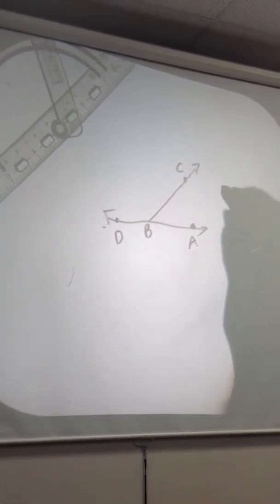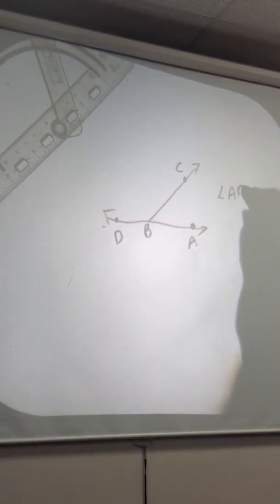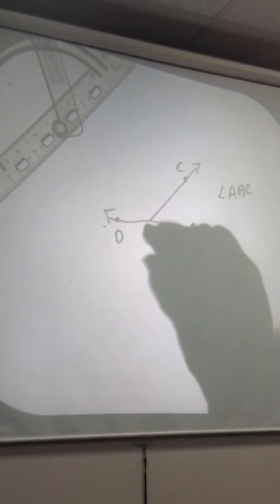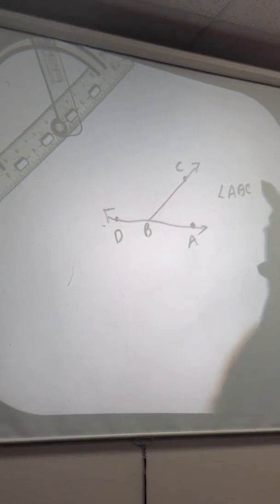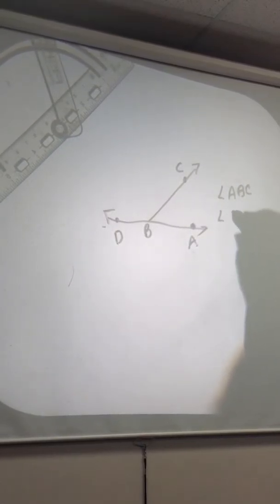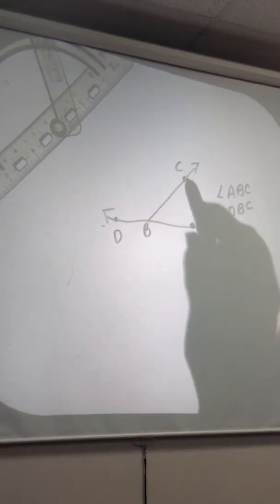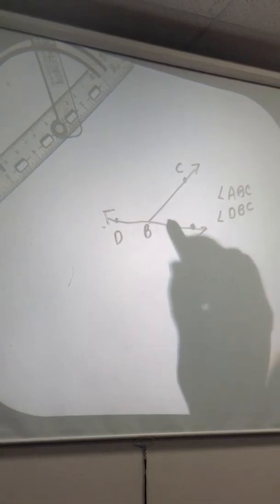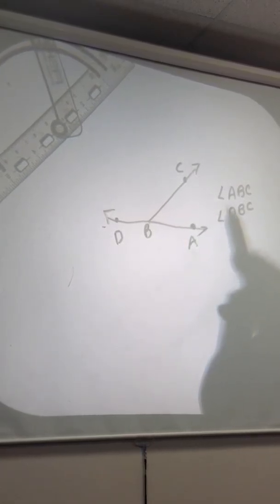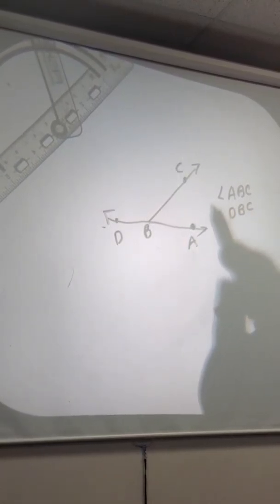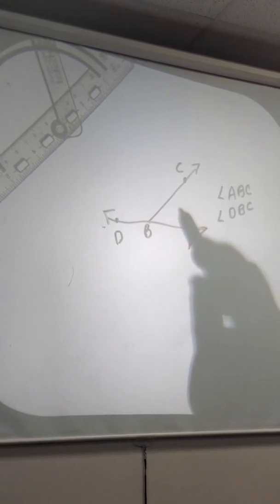One of them is angle ABC, and the other one is angle DBC. What do we know about those two angles together, Brennan? That together they add up to 180 degrees. That's right, their sum is 180 degrees.